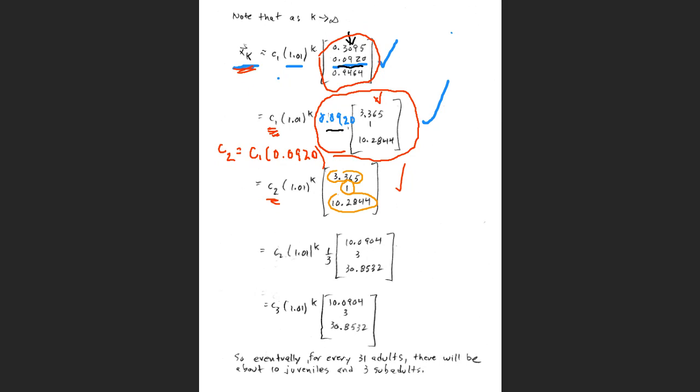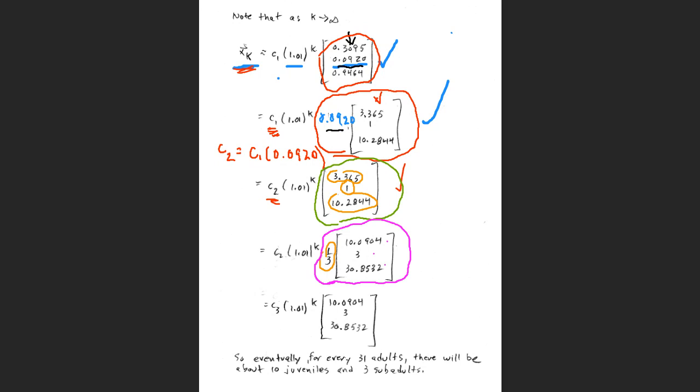So I'm going to factor out a third, and if I factor out a third, then this vector here, which has entries 3.365, 1, and 10.2844, is going to equal 1/3 times that vector there, with entries 10.09, 3, and 30.8. Fairly close to integers, okay?